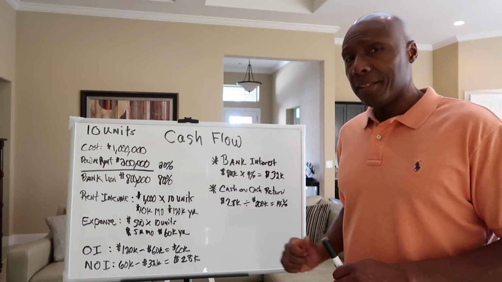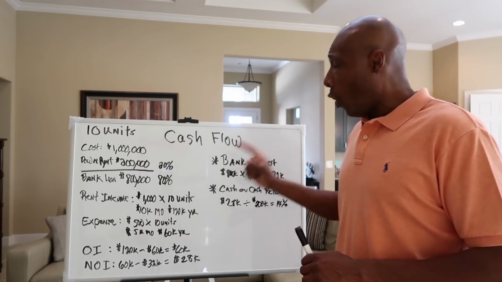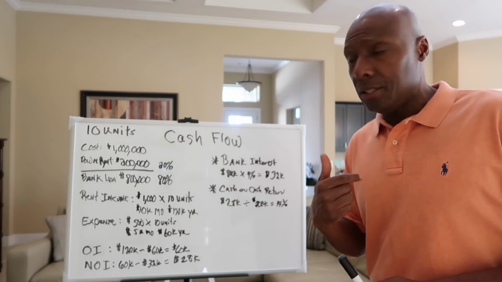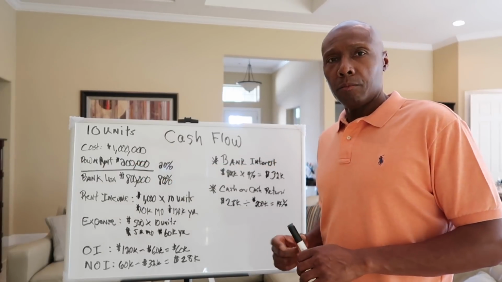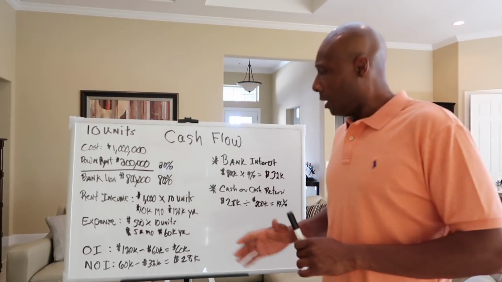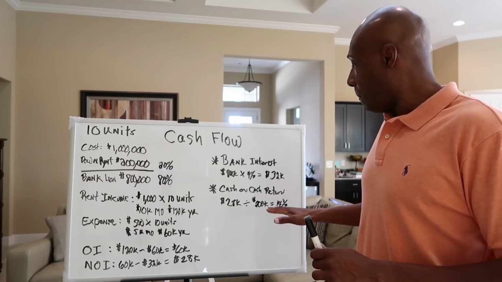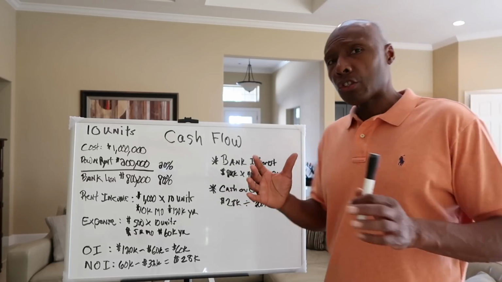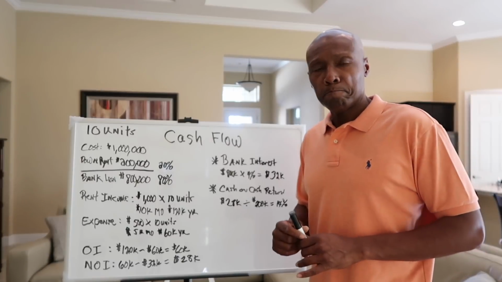You're getting this $28,000. The whole objective, for me at least, is to get this $200,000 back in my pocket so that I can take it and put it in the next deal. So in this analysis right here, after 1 year, I'm going to start thinking about refinancing this property.